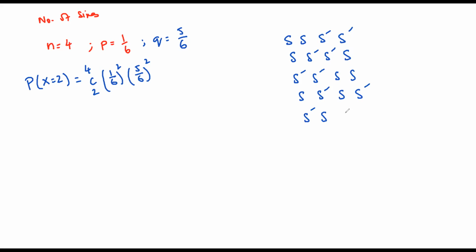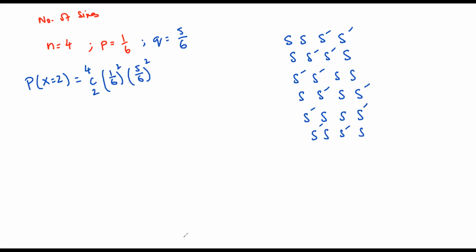Is there any other situation? You see, listing is so difficult, so this nCr saves us from listing. Is there any other situation? There is one more situation: not 6, 6, not 6, 6. So these are the 6 situations.